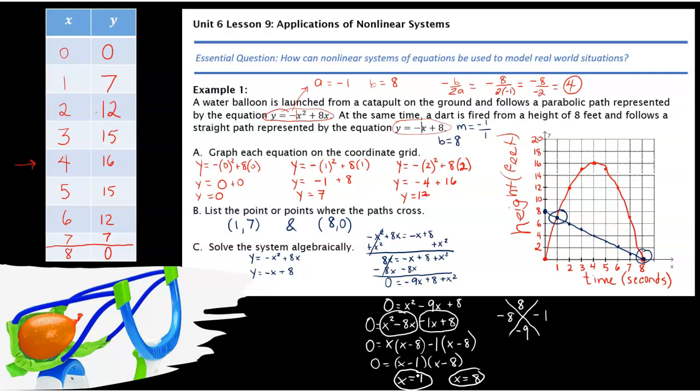But then note that you have one last step, and that one last step would be to plug them both into your equations. So if I use y equals negative x plus 8, and I plug in my x equals 1, then I get y equals negative 1 plus 8, so y equals 7.